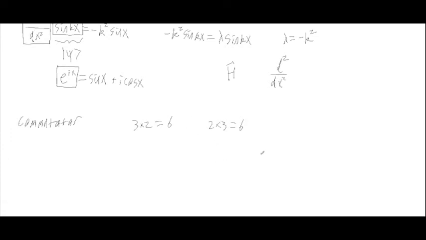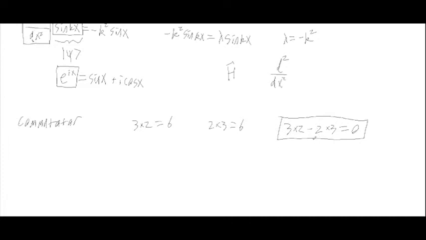And so the commutator is essentially just taking those numbers 3 times 2 and then subtracting it in the reverse order, 2 times 3, and that equals 0. And so this relation here tells you that 3 and 2 are commutative.